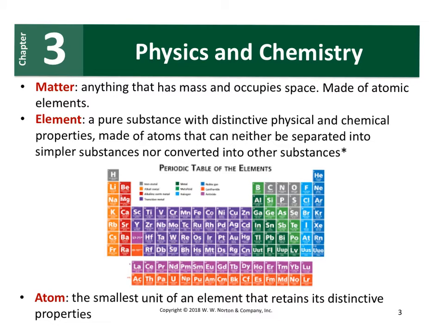It says here that an element cannot be broken down into simpler substances. Well, not entirely. You can break a nucleus into protons and neutrons, and surrounding or orbiting the nucleus are electrons.